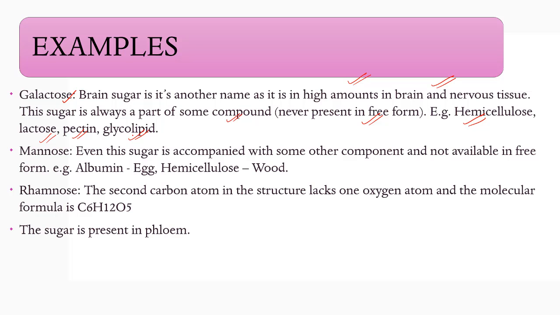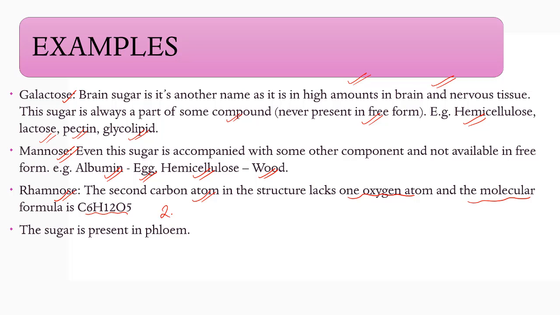Mannose, even this sugar is accompanied with some other compound and not available in free form. Mannose is found in albumin of egg, hemicellulose of wood. Rhamnose, the second carbon atom in the structure lacks one oxygen atom, and the molecular formula is C6H12O5. The second carbon is not having oxygen, okay?